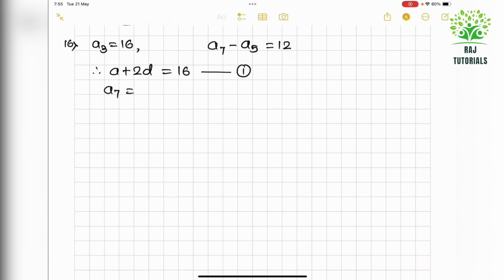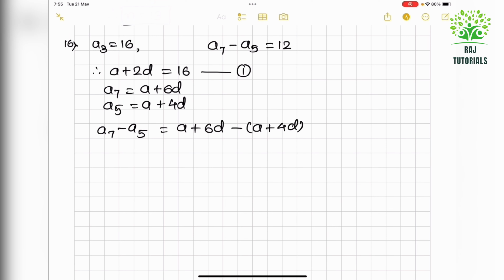Now A7 will be A plus 6D and A5 will be A plus 4D. So A7 minus A5 will be equal to A plus 6D minus A plus 4D. That will be A plus 6D minus A minus 4D.